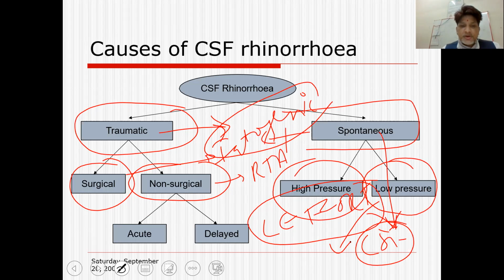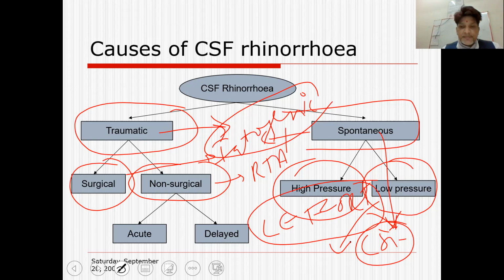This happens because there may be granulation in the region of the subarachnoid space, or osteomyelitis of arachnoid granulation, or even a congenital dehiscence in case of bone dysplasias.